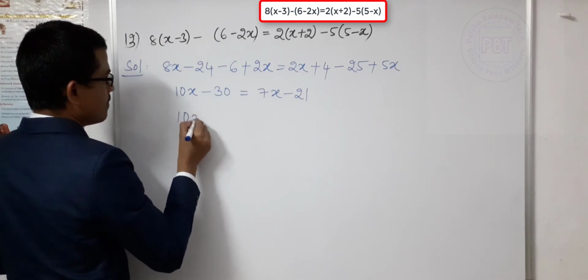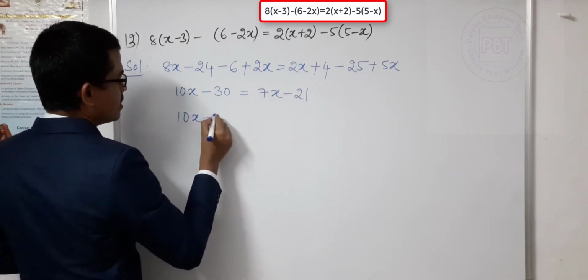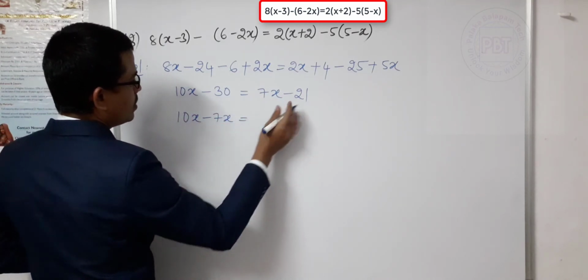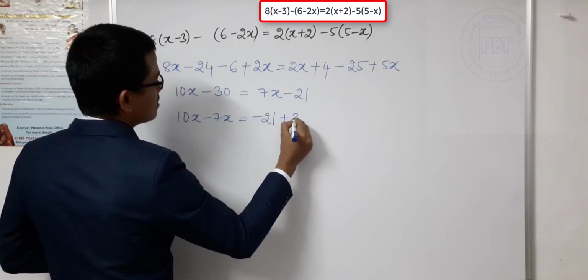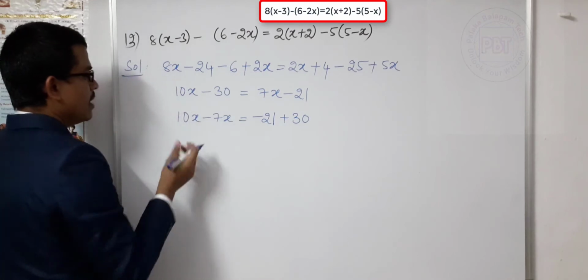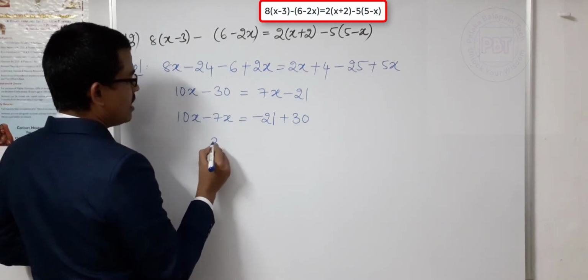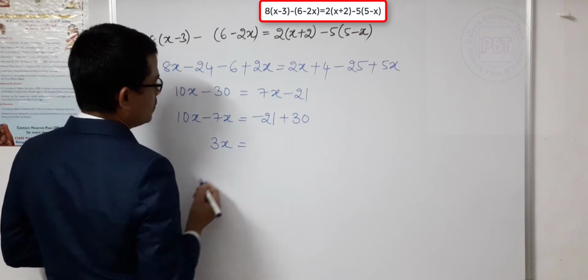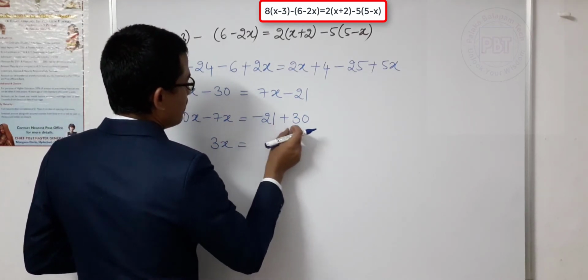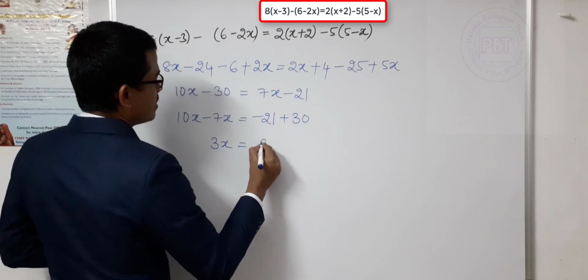So 10x plus 7x becomes minus 7x, that equal to minus 21 minus 30 becomes plus 30. Okay, now 10x minus 7x is 3x. 10 minus 7 is 3. 3x, that equal to minus 21 plus 30 is plus 9.